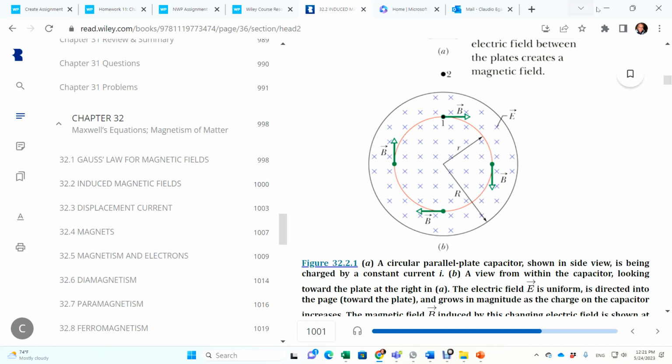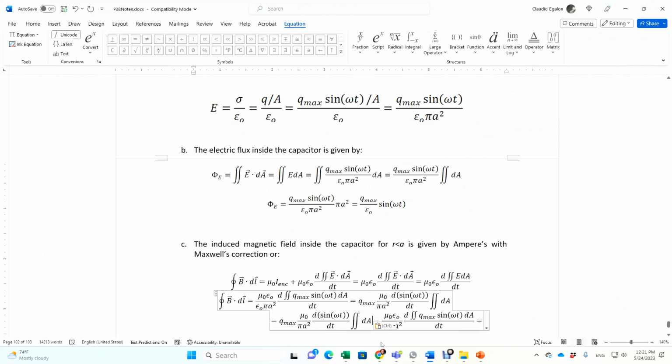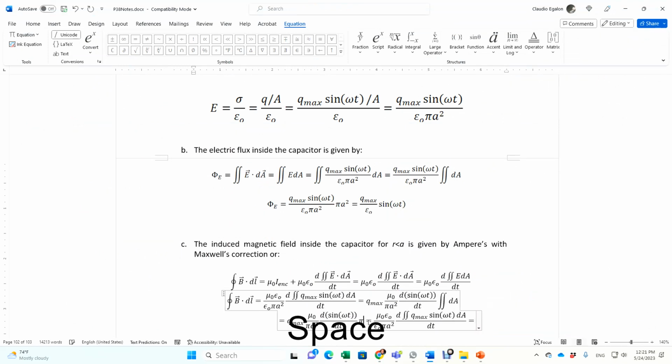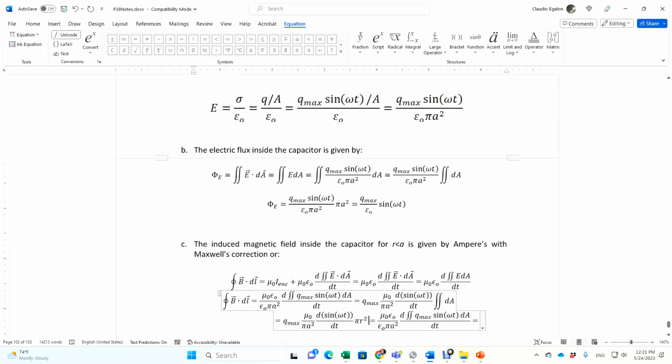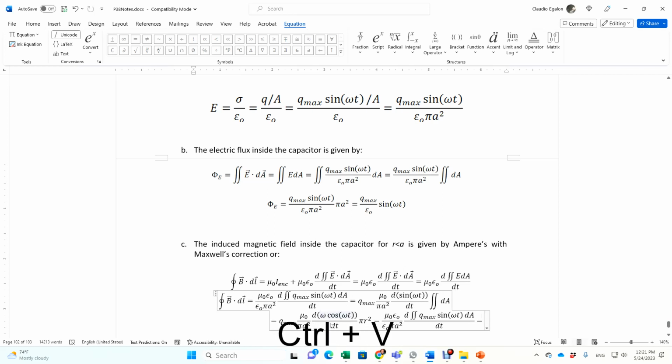Now this area here is not going to be the whole area of your capacitor, but just a partial area of your capacitor. Pi r squared, and the sine becomes cosine. We have to multiply by omega.